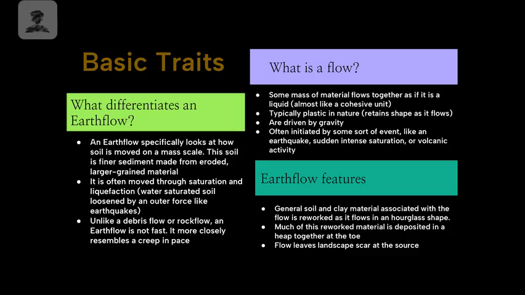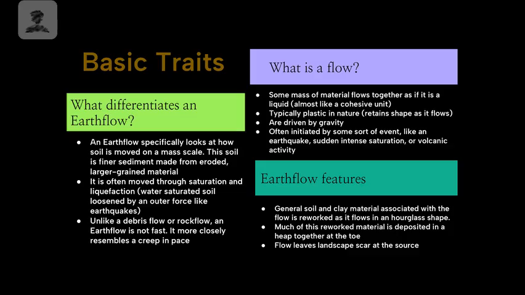It's all relative. So it's not like a debris flow or rock flow, but that doesn't mean that it's not a little fast. And it often starts moving through liquefaction. I said that about flows, but this specifically moves through liquefaction and then saturation of water and then into solifluction.